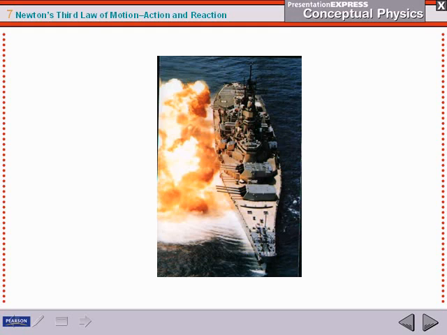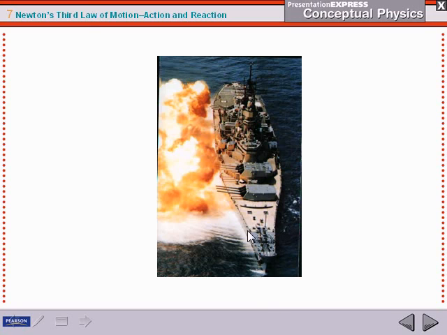Now here's a great picture. I love this picture. It's a picture, I think, of the USS Iowa, which was one of the last battleships that contained these gigantic guns. And these guns, you could shoot a Volkswagen Beetle out of these guns. That's how big the guns are. And you can see the massive amount of force that this battleship is producing on the shells.